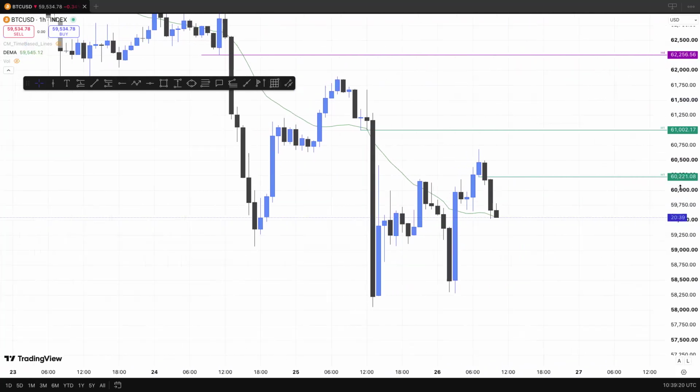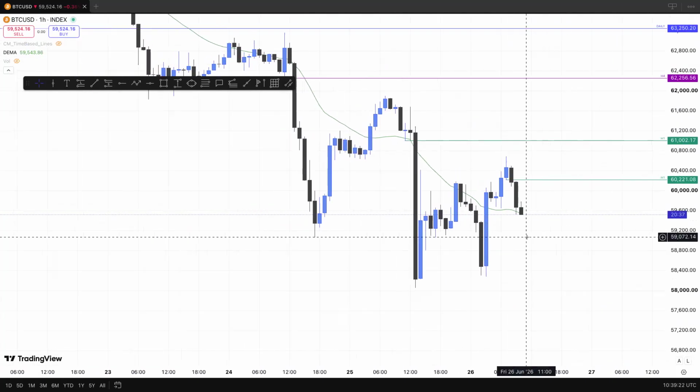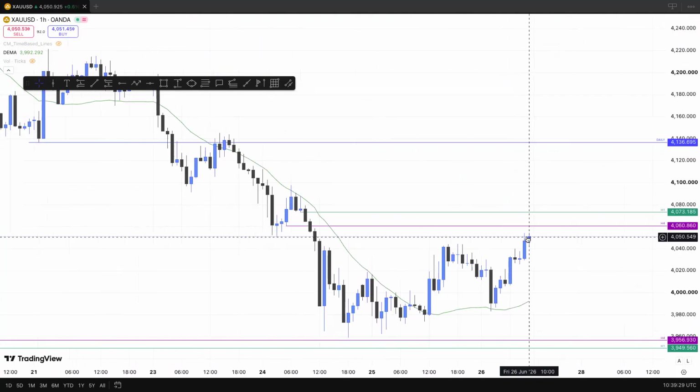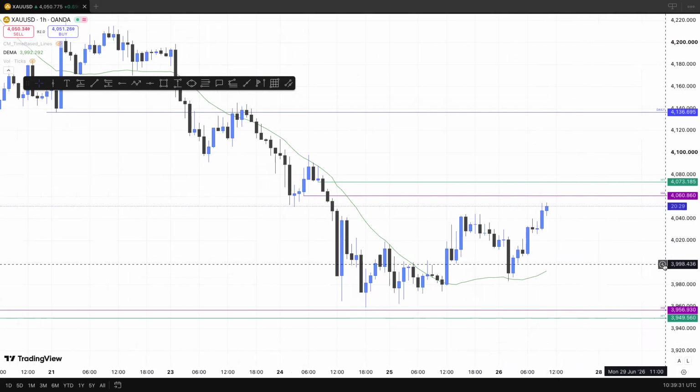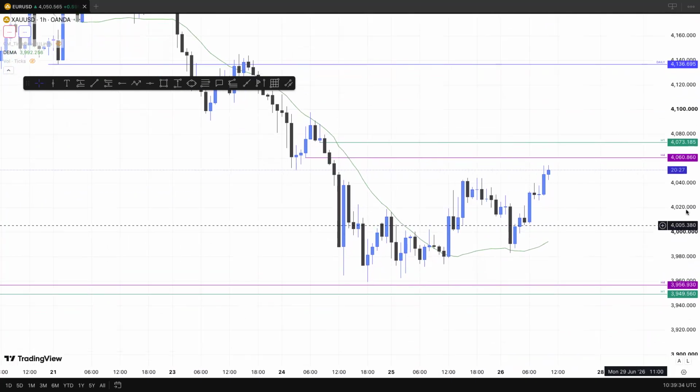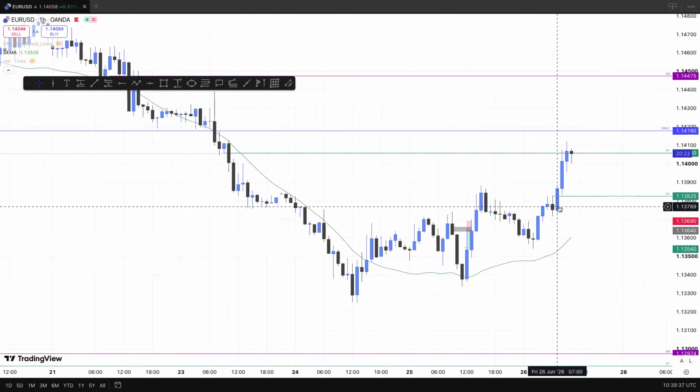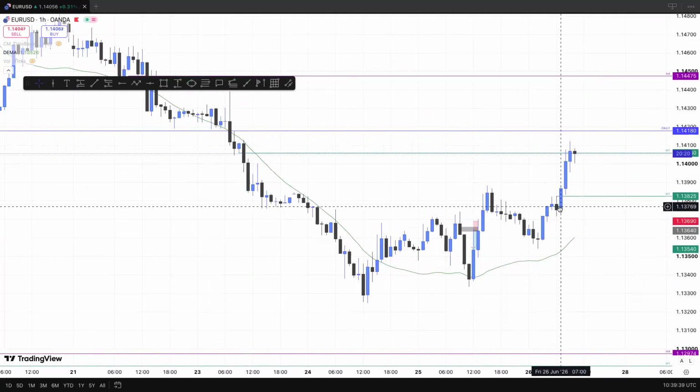So that's it for BTCUSD, currently bearish as well. XAUUSD, currently bearish as well, matching a sell side liquidity, and EURUSD, currently bullish. We've changed the trend.